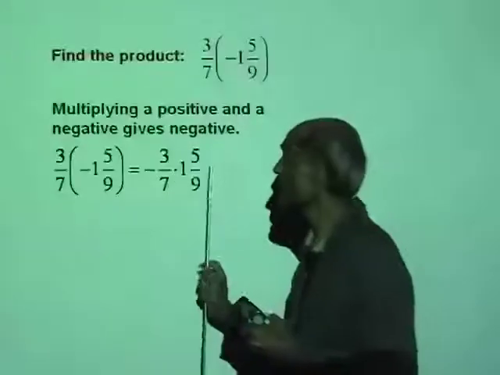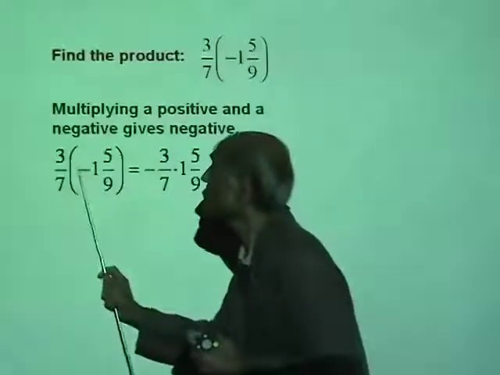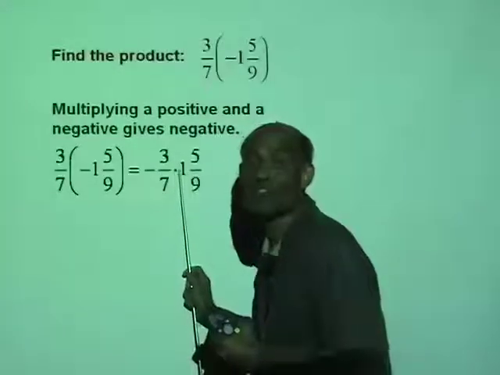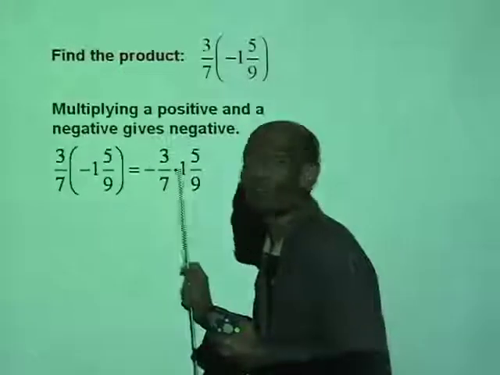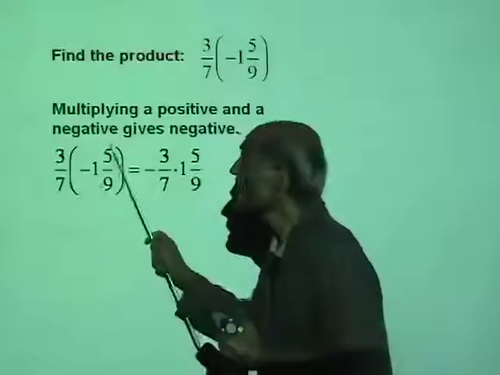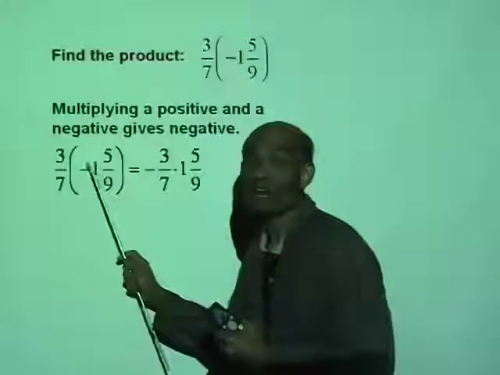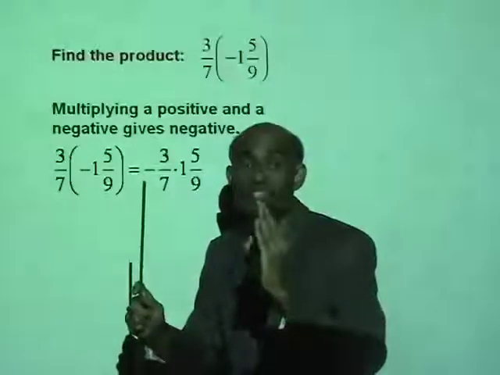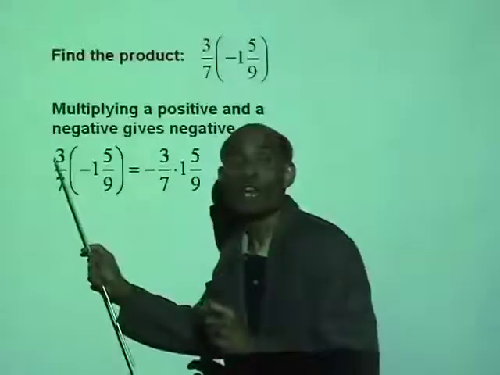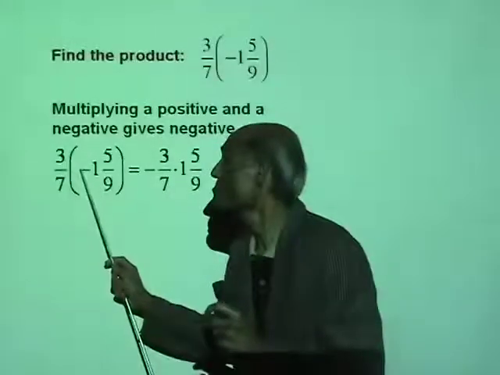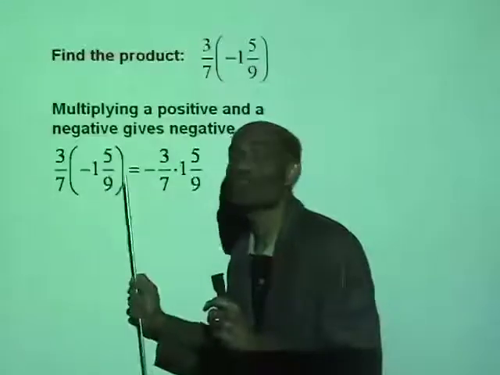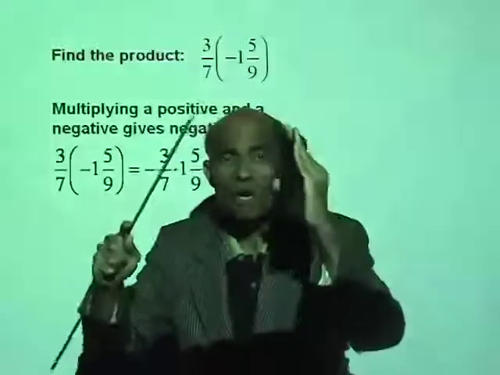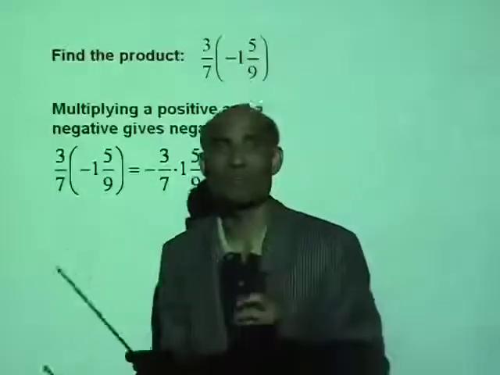You notice that when I move that negative and put it there, I don't need a parenthesis there anymore. Why did I need a parenthesis here? Because if I don't use the parenthesis there to indicate multiplication, it will look like this, 3 over 7 minus 1 and 5 over 9. So when you multiply with a negative number, always use a parenthesis.